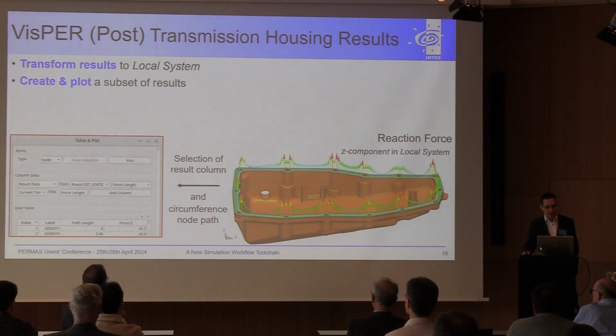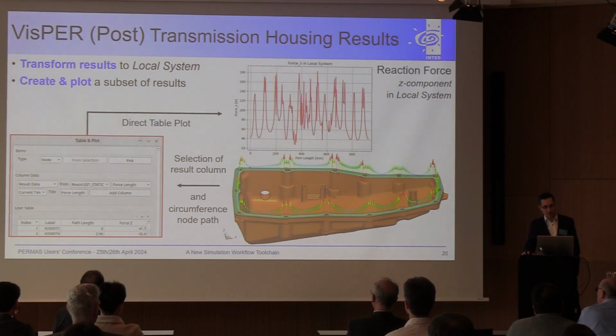If we have done this, on the left side you can see a small table where you can configure yourself which XY data you want to plot. Now, I have selected a path length and also the set force. If we then click on the plot button, we have an XY plot immediately shown on our selected results. It's all integrated within VisPER.